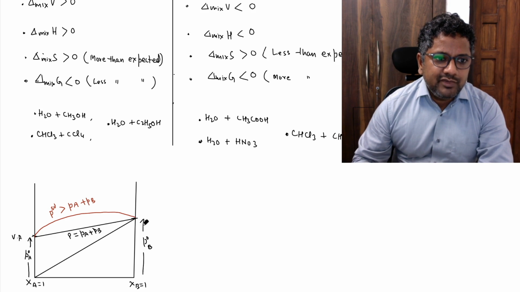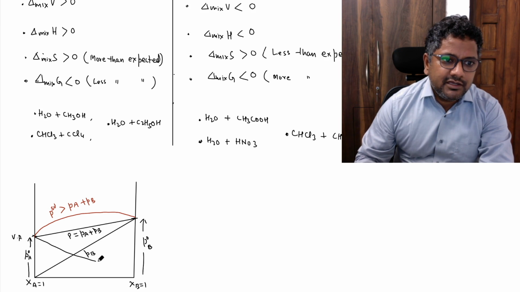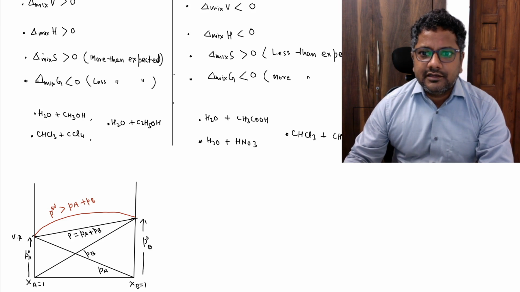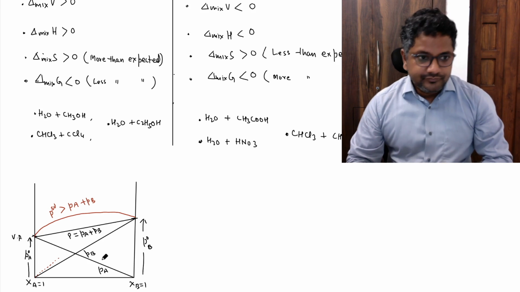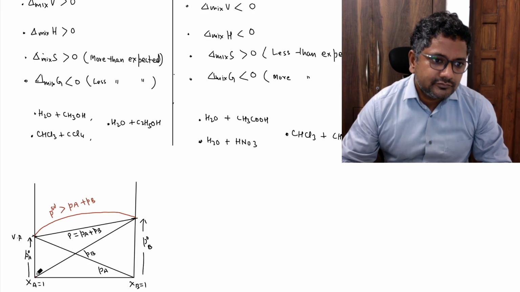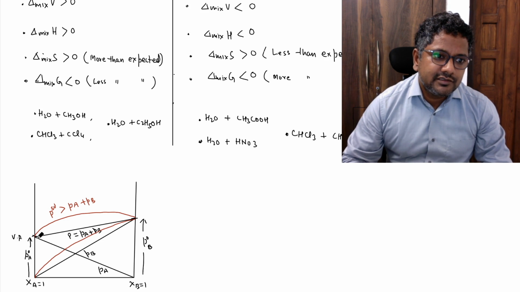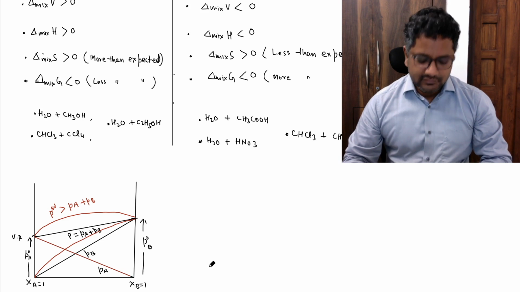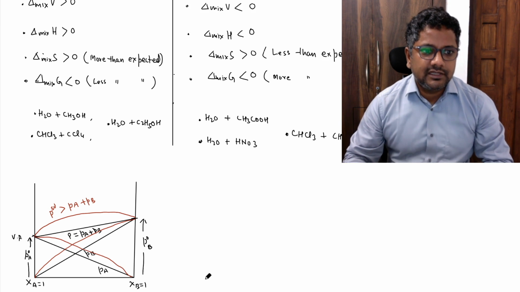This graph is like this. This is PB ideal, and this is PA ideal, and in the real, this PB is also like this, and like this, right?